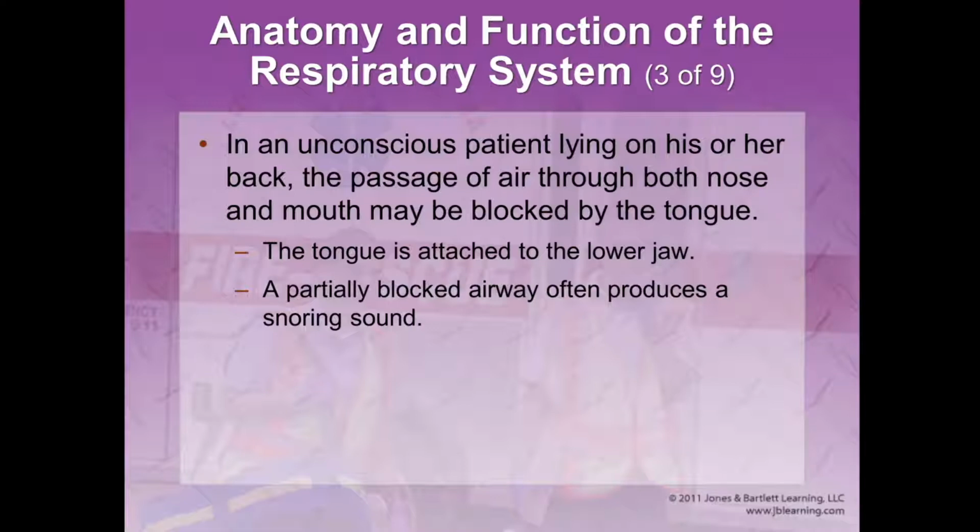If you have someone with a trach or a stoma, that little hole in the base of their throat, and you have someone in cardiac arrest or someone that you need to deliver rescue breaths to, whether that is mouth to stoma, mouth to mask, or using a bag valve mask, however you're doing that artificial ventilation, you're going to have to do that from the stoma, and then you're going to have to cover the mouth and the nose to make sure air doesn't go back out that way.